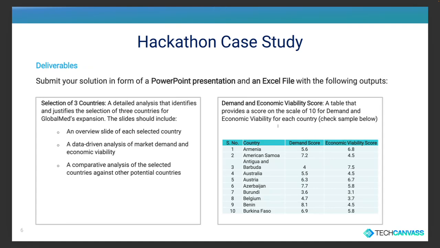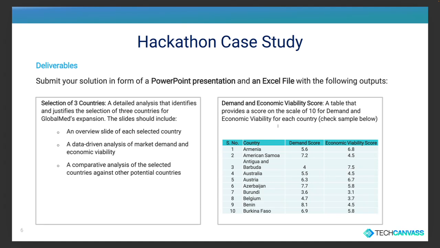Like any real client engagement, the hackathon also defines very clear deliverables. The first requirement was to recommend the top 3 countries where Global MedHealth should expand. These recommendations needed to be supported by detailed analysis rather than personal opinion.